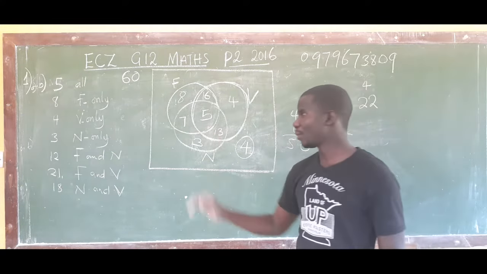So I can actually open brackets, say 90 squared plus 70 squared, then minus 100 squared, close brackets, say divided by, again I say open brackets, 2 multiplied by 90 multiplied by 70, close brackets.